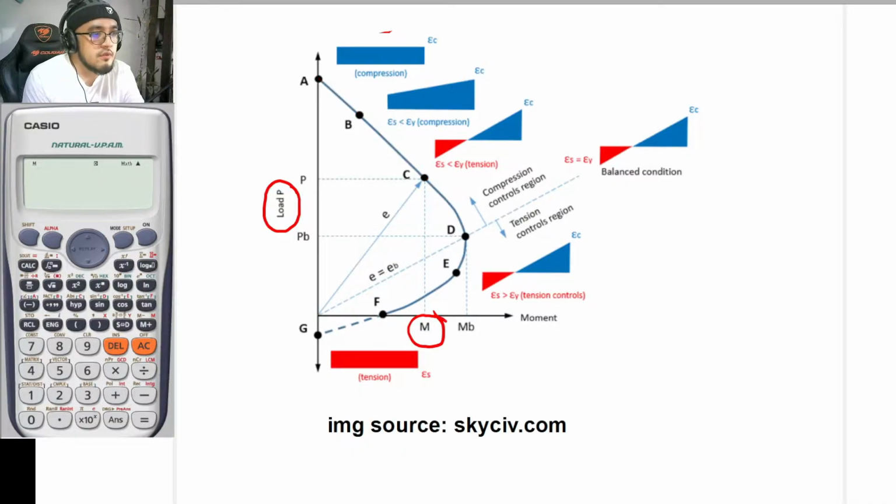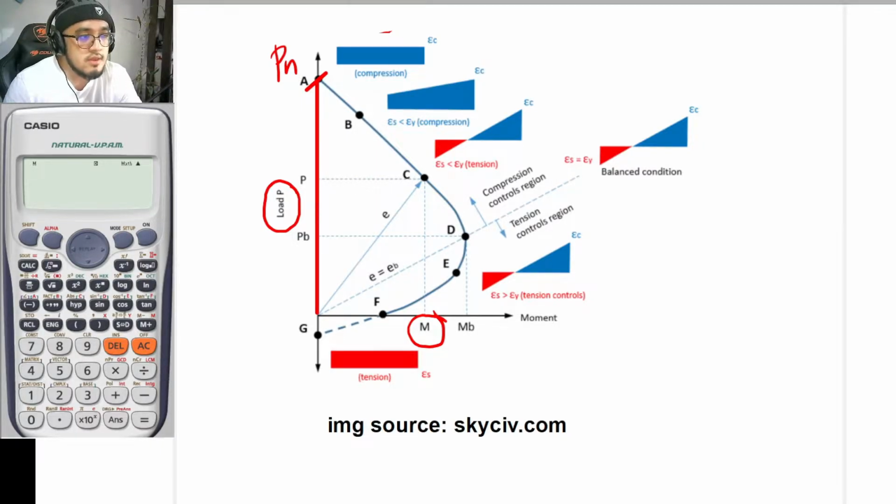For example, for a certain section that is concentrically loaded, it wouldn't have any moment. What that means is that its moment is equal to 0. So meaning, guys, this is now its nominal strength Pn. Once again, this is for concentrically loaded columns because they do not have any moment.